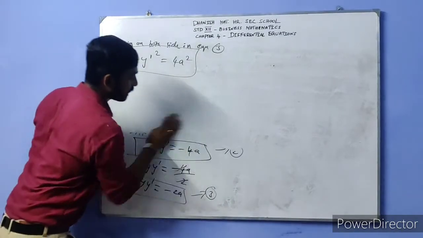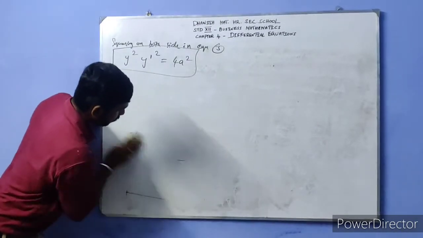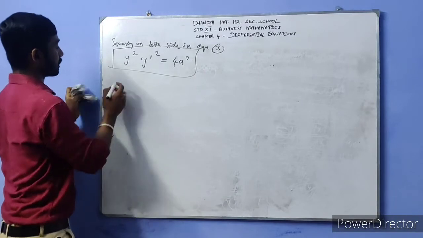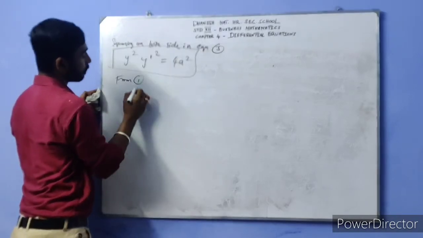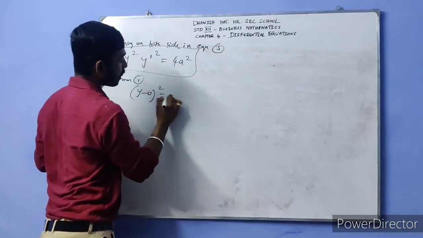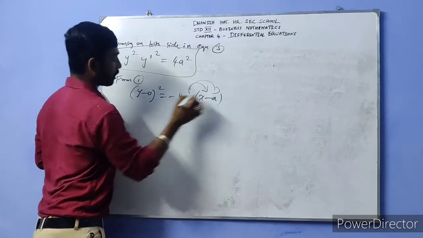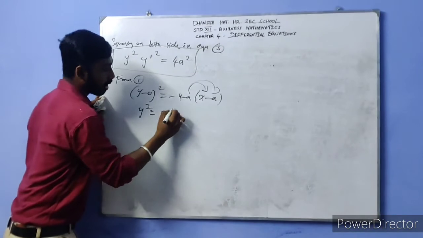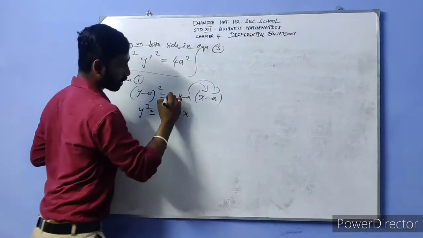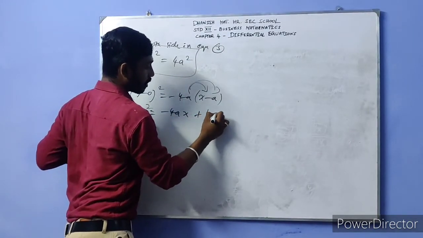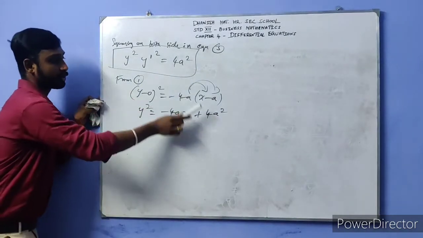Now from the first equation, what is the first equation here? From 1, y minus 0 the whole square equal to minus 4a into x minus a. Now we multiply this. Here it's y square equal to minus 4ax, minus into minus plus 4a square, because we are using this 4a square.